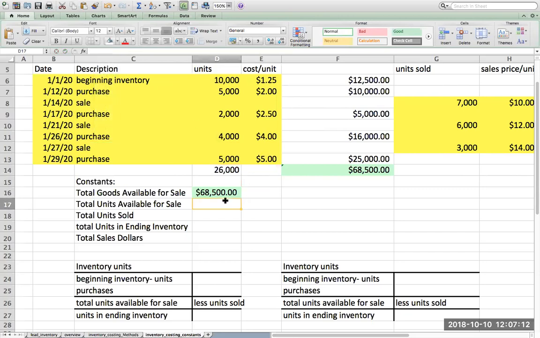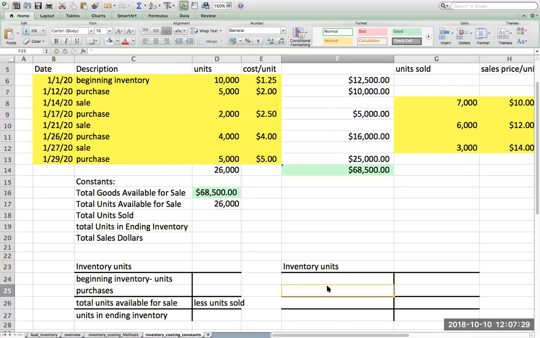So my units available for sale, meaning how many units I had available to actually sell, is 26,000 units. Putting this in terms of the T account, I have my beginning inventory units plus my purchases. Again, this is in units, not dollars, so the total is 26,000.